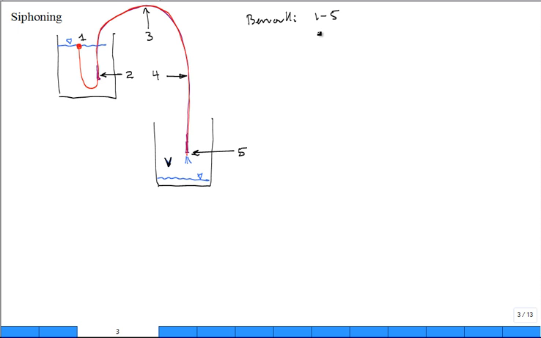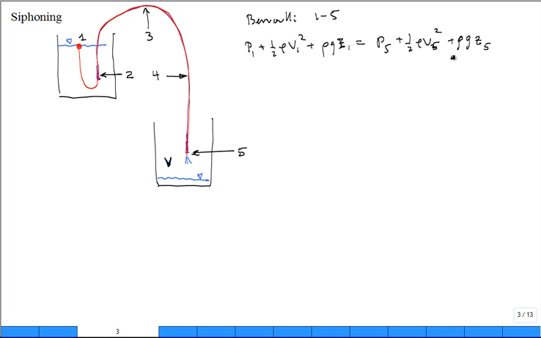So at point 1, I talk about the pressure at 1, the speed at 1 squared, the kinetic energy, the elevation at 1, and that has to equal the pressure at 5, the kinetic energy at 5, and the elevation. See how we do that?